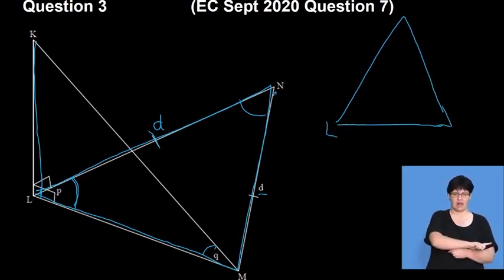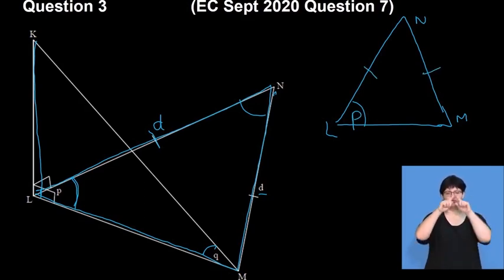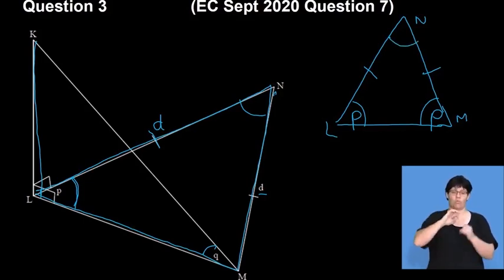So we have LNM. We know that this is angle P, and we know that those two sides are equal. So effectively, we're working in an isosceles triangle. Because it's isosceles, we know that this angle is also equal to P degrees. And the angle that we're trying to find is that angle over there.